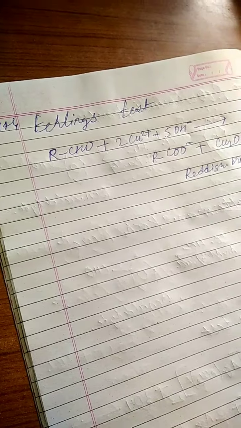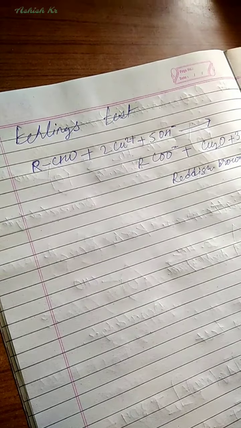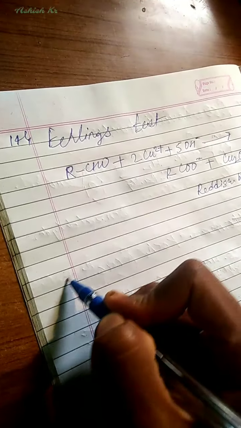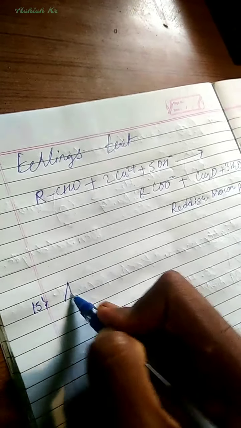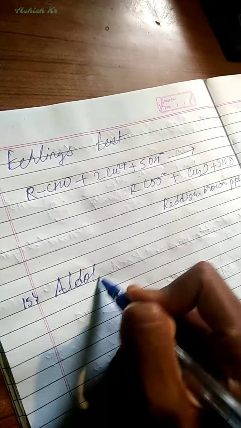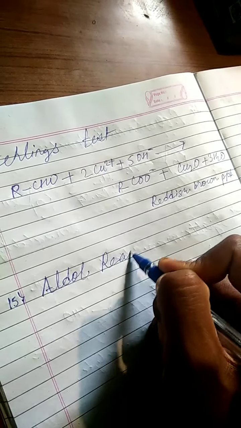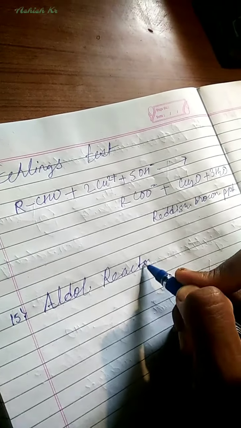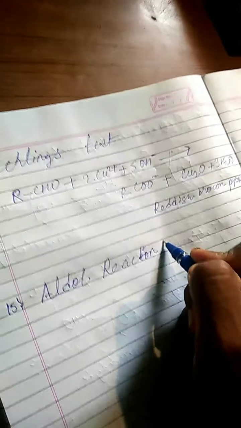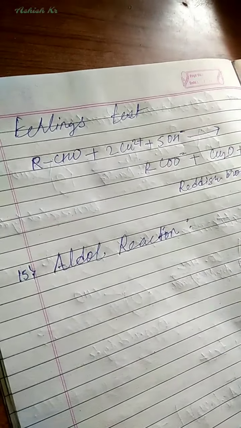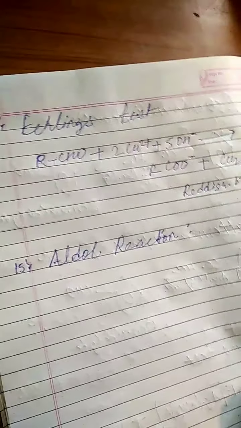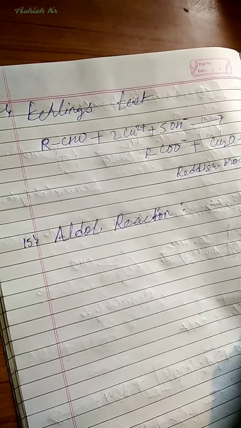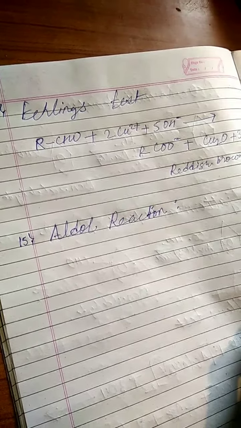So this is Fehling's test, and after that we have one more important reaction, reaction number 15, which is the aldol reaction. In this reaction we have two parts. First is aldol condensation and second is cross aldol reaction.